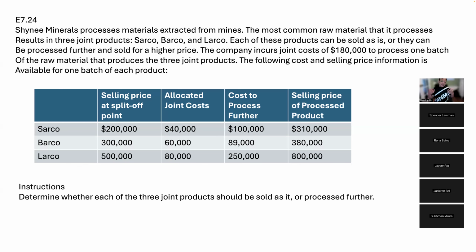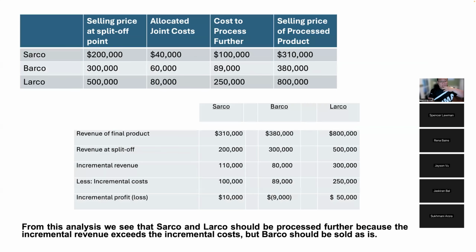So in this case, we first want to think about the benefit of further processing. By further processing, I would have more revenue, so there will be incremental revenue. The way I calculate the incremental revenue is I take the difference between the revenue of processed versus the revenue of unprocessed.